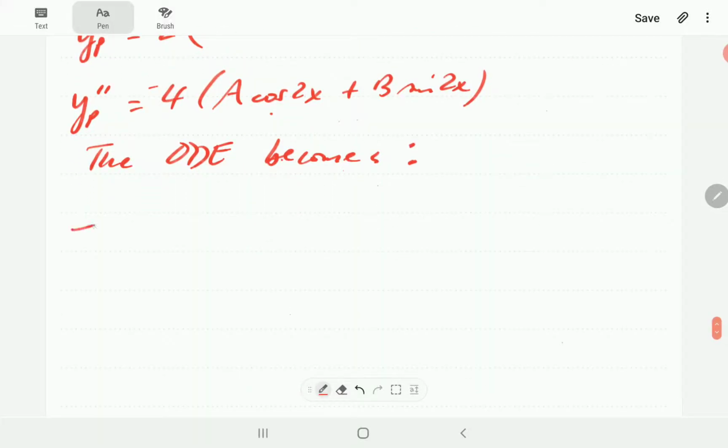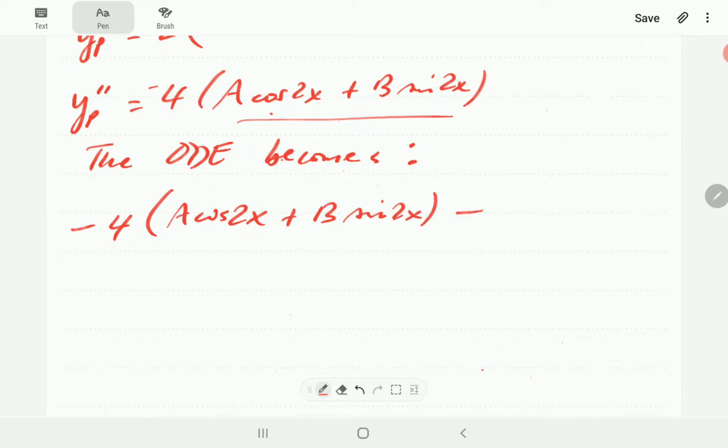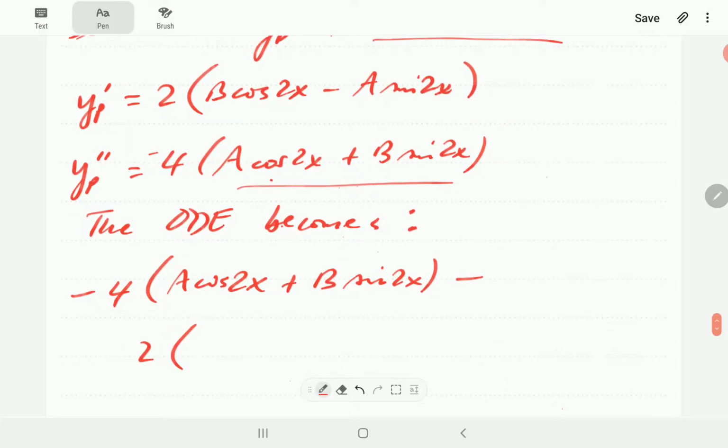So y double prime, just this one, minus 4 into a cosine 2x plus b sine 2x, minus 2 times, there's already another 2 here, so that's going to become a 4, so 4 there, b cosine 2x minus a sine 2x.